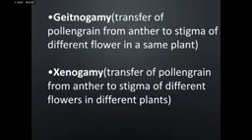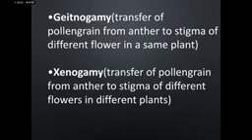Then the next case is geitonogamy. In geitonogamy, transfer of pollen grain from anther to stigma of a different flower in the same plant occurs. That means in autogamy and geitonogamy, both the plants are the same.